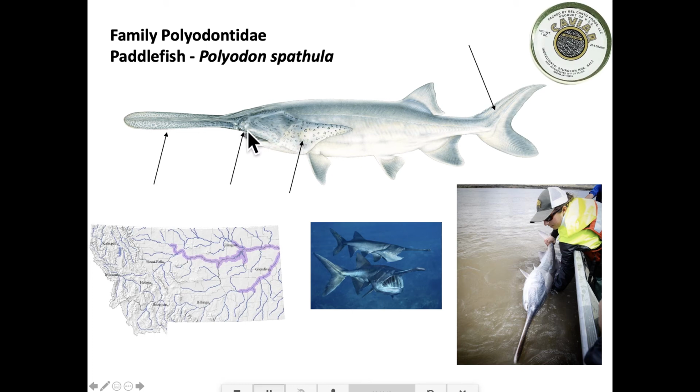They also have a very unique eye position, with it being almost exactly on the sides of their rostrum. They also have modified ganoid scales on the dorsal lobe of their caudal fin. They have a heterocercal tail, similar to Acipenseridae, and also these sharks.